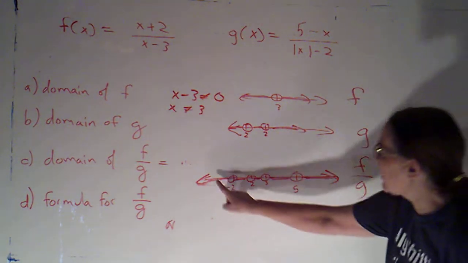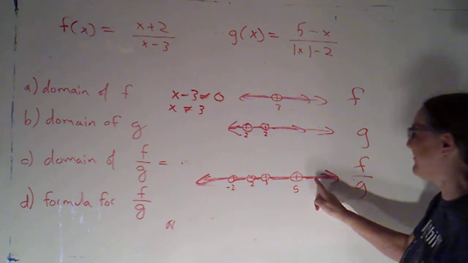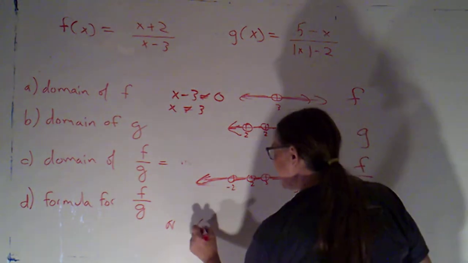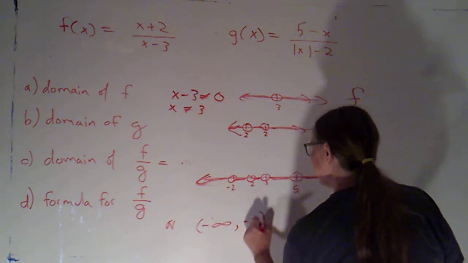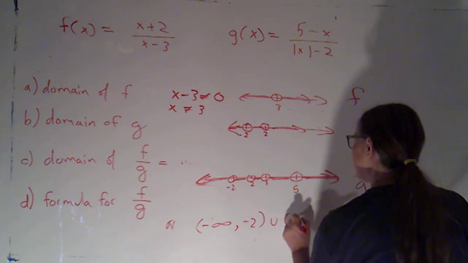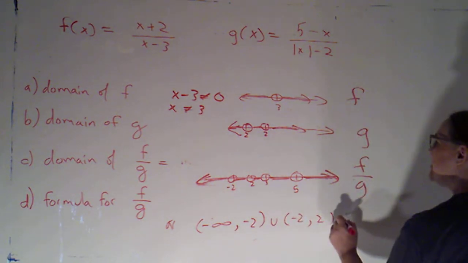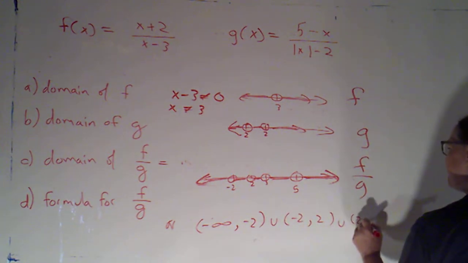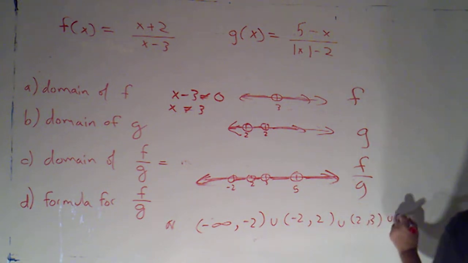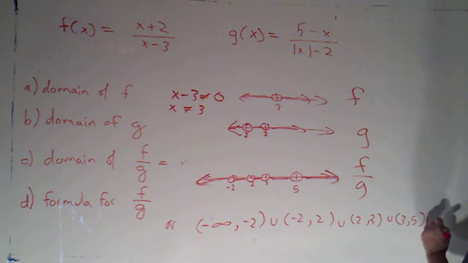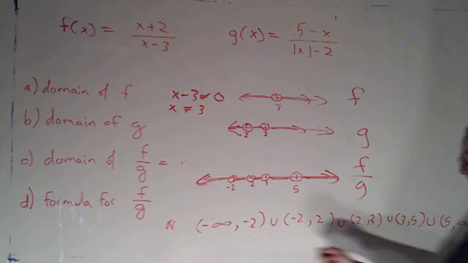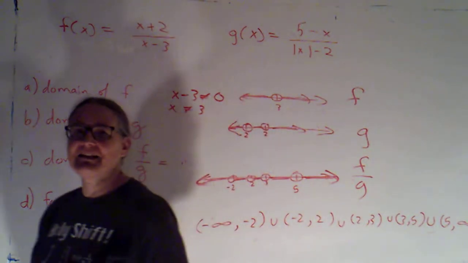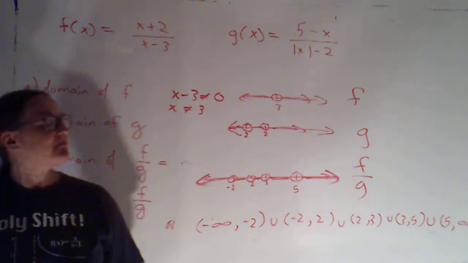My domain, we've got 1, 2, 3, 4, 5 intervals. So it's going to be negative infinity to negative 2, union negative 2 to 2, union 2 to 3, union 3 to 5, union 5 to infinity. That is how we would write that in interval notation.